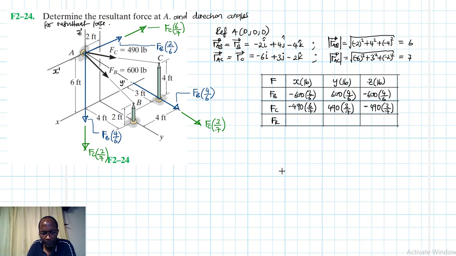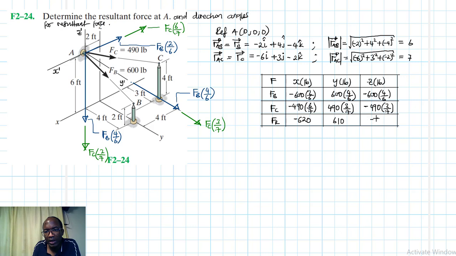Then we'll sum up this. So we have minus 600 by 2 divided by 6 minus 490 by 6 divided by 7. So we have a minus 620. Then 600 by 4 divided by 6 plus 490 by 3 divided by 7. We have a 610 here. And then we have a minus 600 by 4 divided by 6 minus 490 by 2 divided by 7.